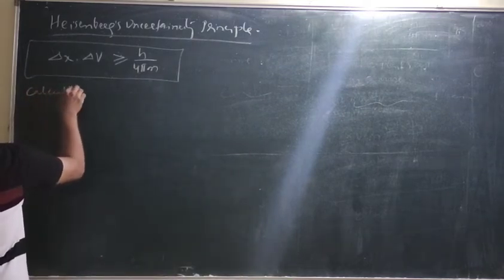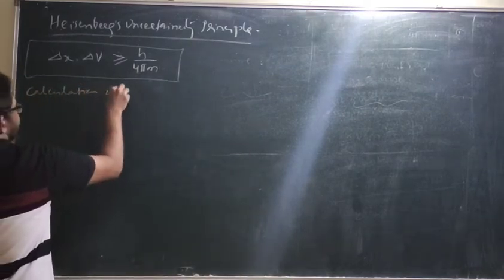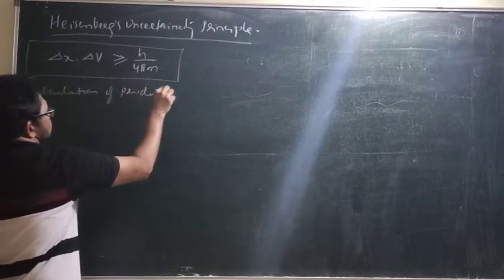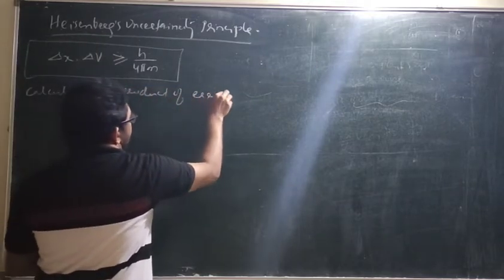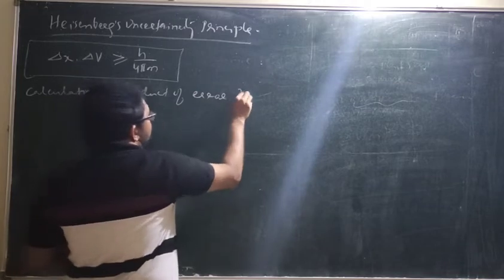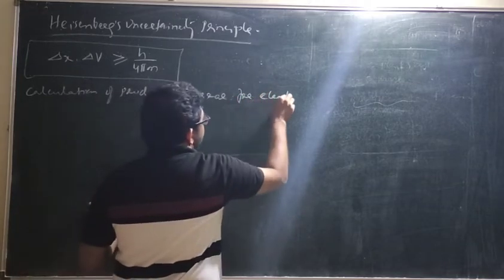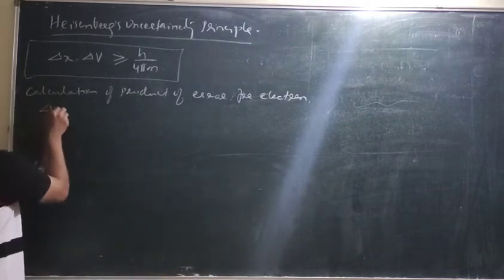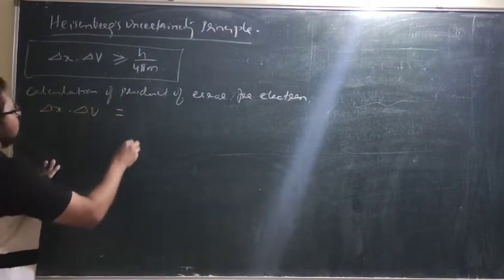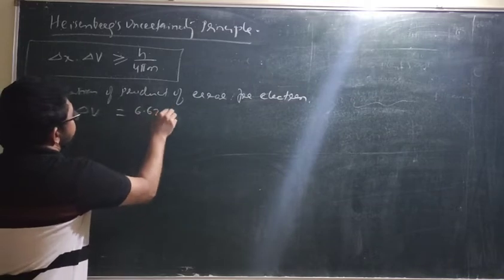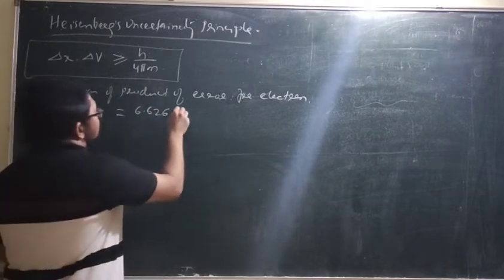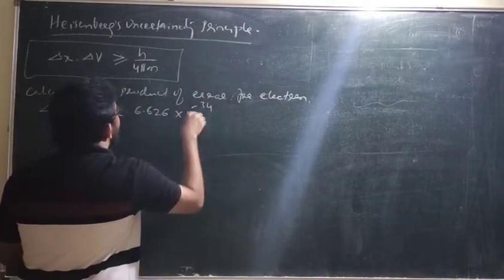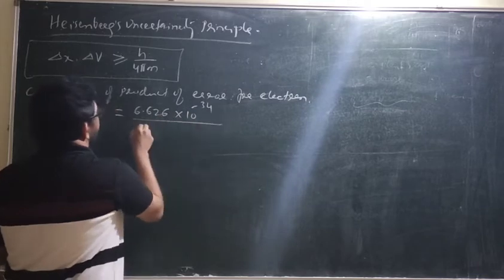Calculation of product of error for electron. Delta x into delta v is equal to 6.626, Planck's constant, into 10 raised to minus 34, divided by 4 into pi.